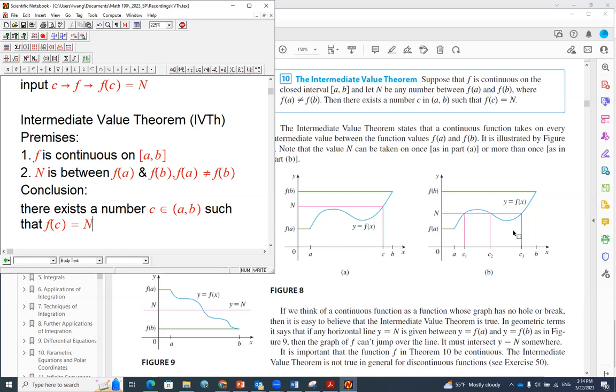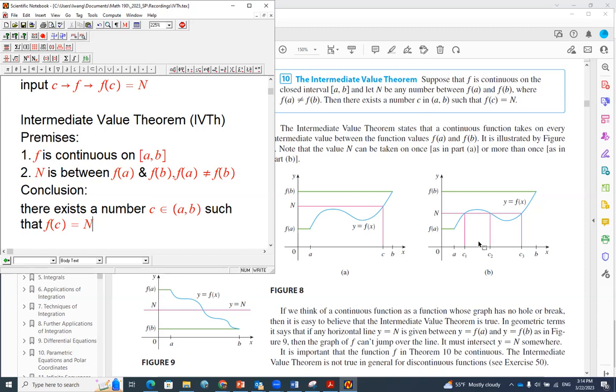In the second case, if N is chosen to be a different number between f of A and f of B, there are multiple C's. In fact, in this case, 1, 2, 3. And the theorem says there exists a number C. It doesn't tell us how many. So sometimes there's one, sometimes there could be more. Is it possible we have 10?